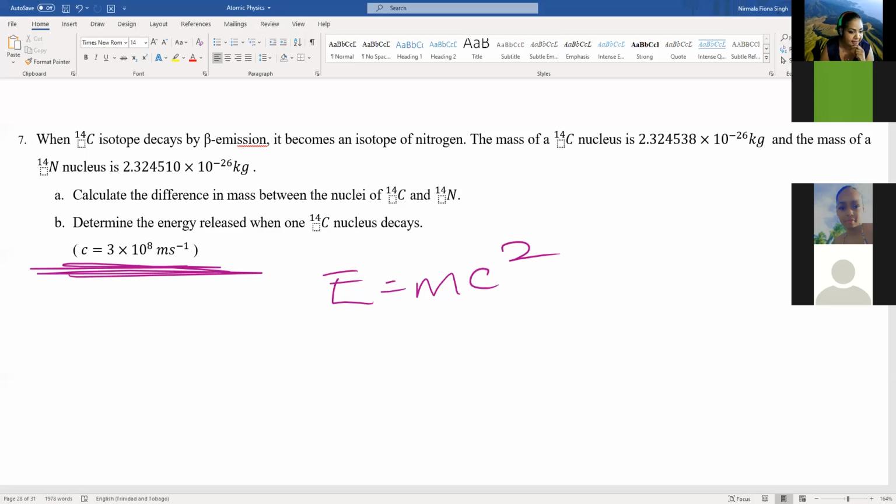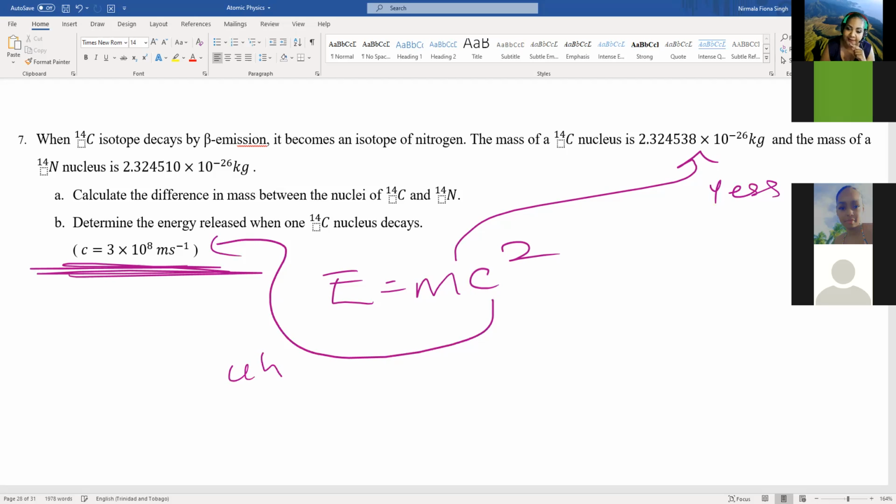Do we have the mass? Yes. Do we have c? Right? So all you're going to do is just multiply mass by c squared, and you're going to get your value in joules. Energy is always measured in joules, so please put them in joules.